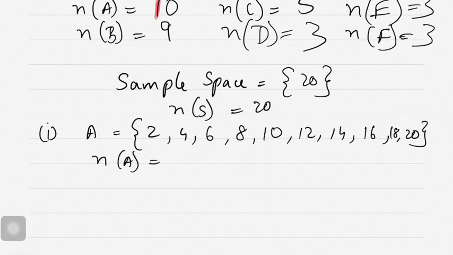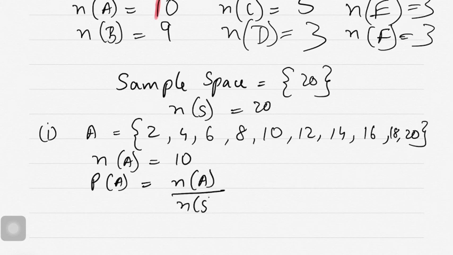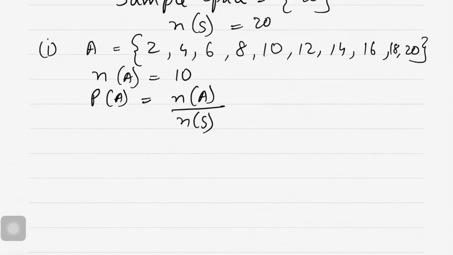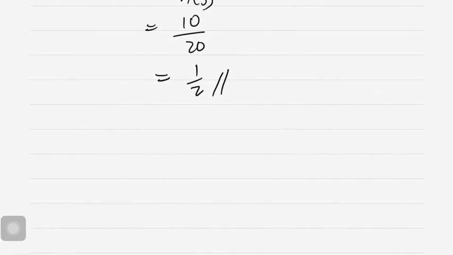So N of A is equal to 10. P of A is equal to N of A by N of S, which is 10 by 20. Therefore, your final answer is 1 by 2.